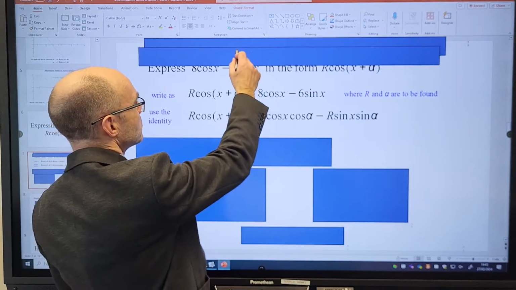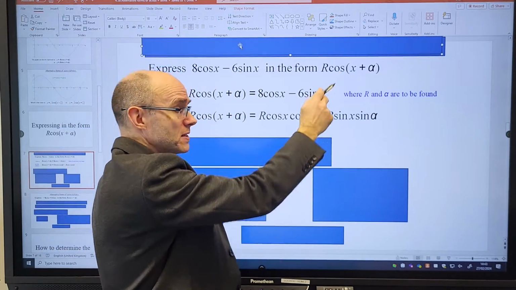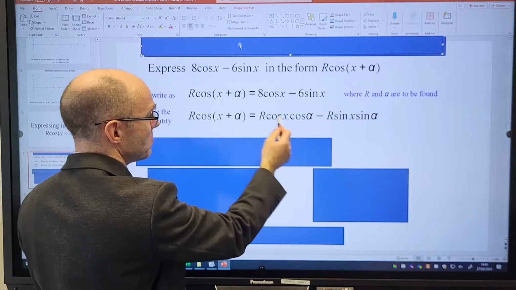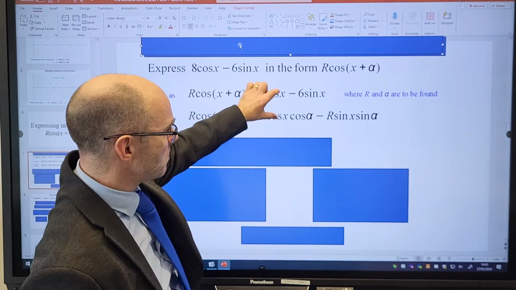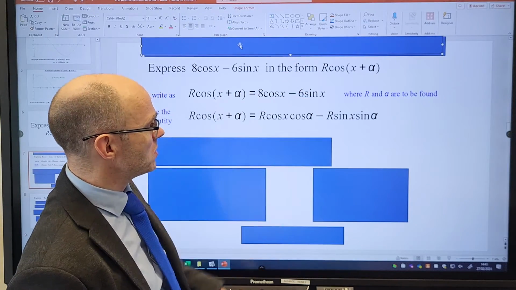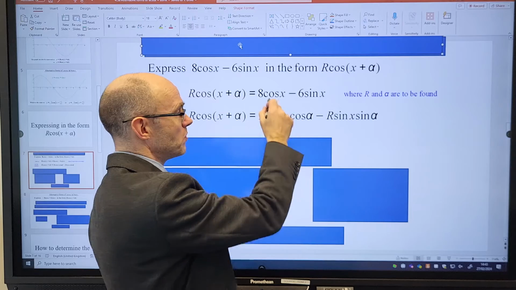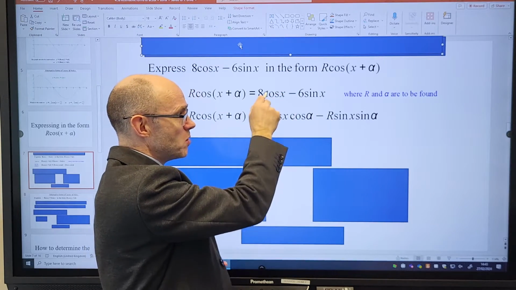And what we need to do is write that in the form of this. That's why I've written this here like that, and we've got to be aware those two are the same. What you do is match up this term with one of those, and it's good with that one because they've both got cos x in it.